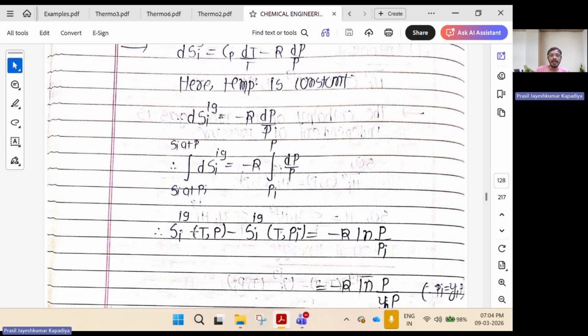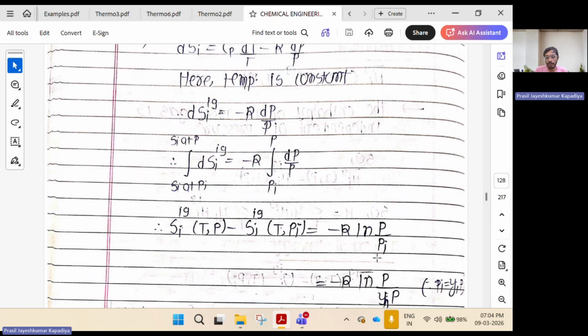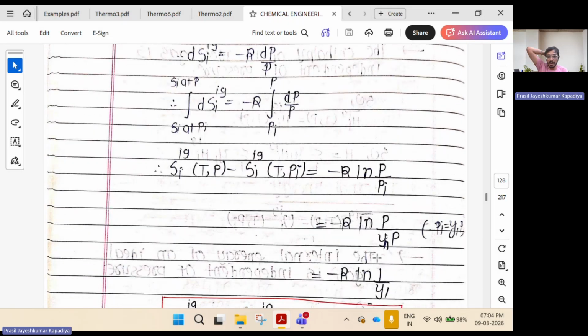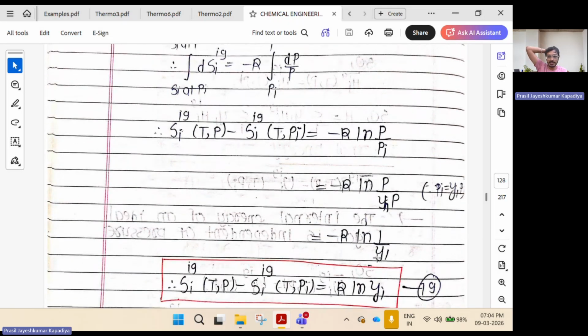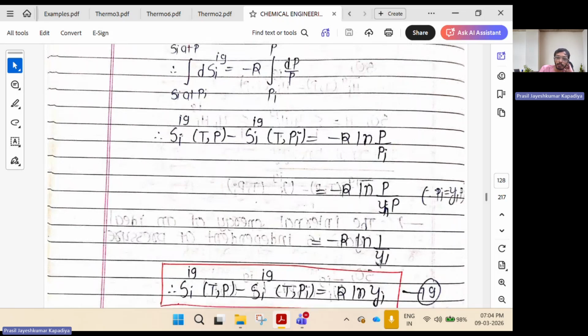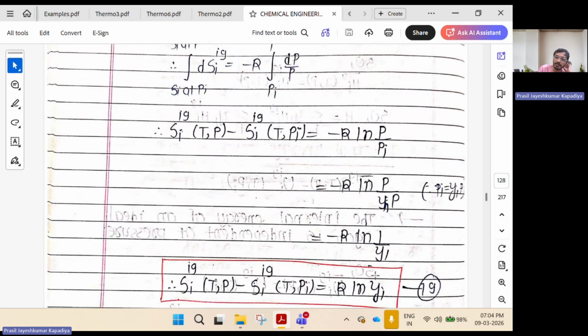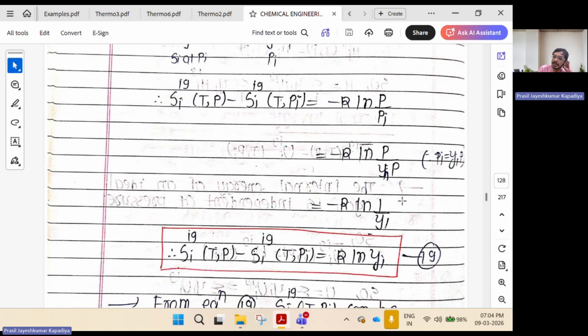Si of ideal gas at T, P minus Si of ideal gas at T, Pi is equal to -R ln(P/Pi). What is P/Pi? Pi is yi P, so P/Pi is the inverse of the mole fraction, 1/yi. If we replace it, the negative will cancel out, so it is nothing but R ln yi.